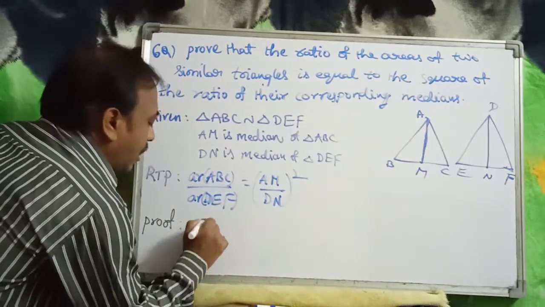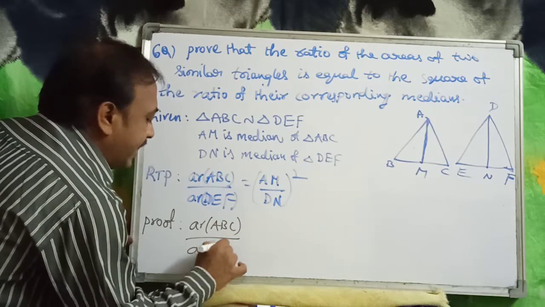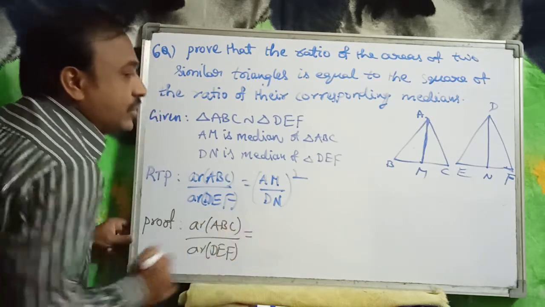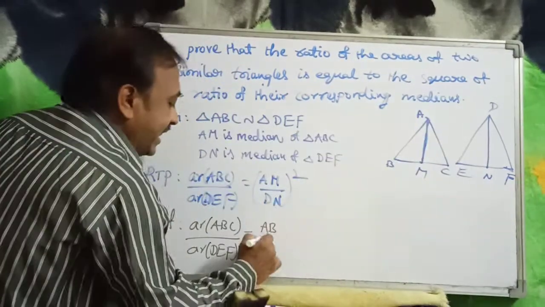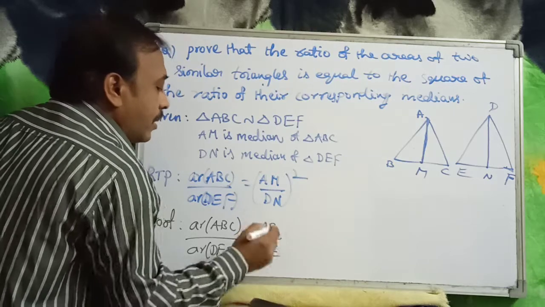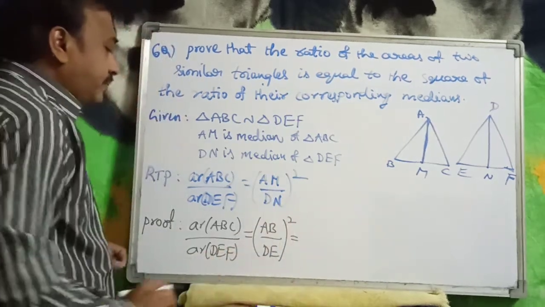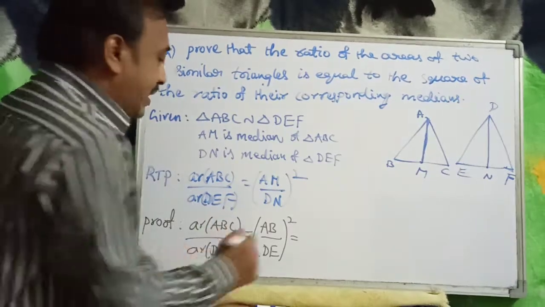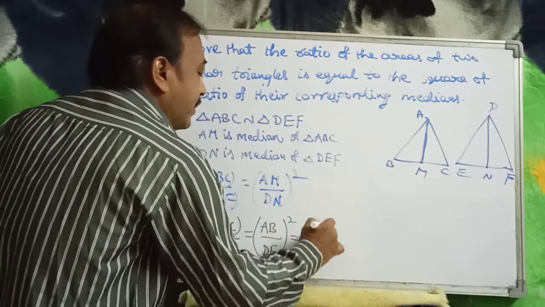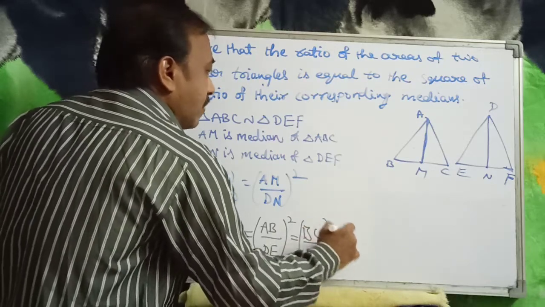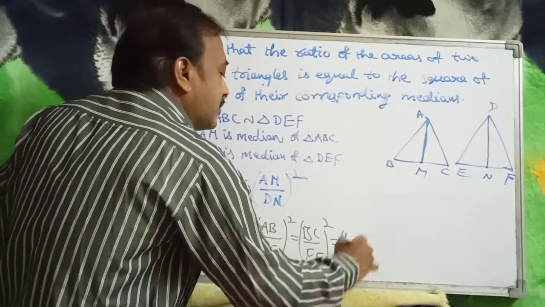So area of ABC by area of DEF is equal to, corresponding sides, AB by DE whole square, is equal to BC by EF whole square, is equal to AC by DF whole square.